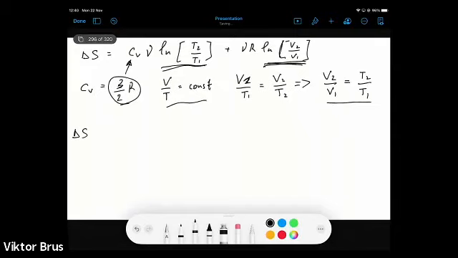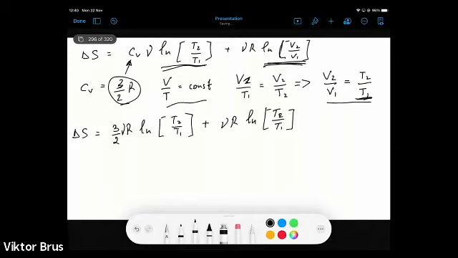Delta S is equal to 3/2 times nu R, natural logarithm T2 over T1. Here we also write nu times R, natural logarithm, and instead of V2 divided by V1, we can write T2 divided by T1.